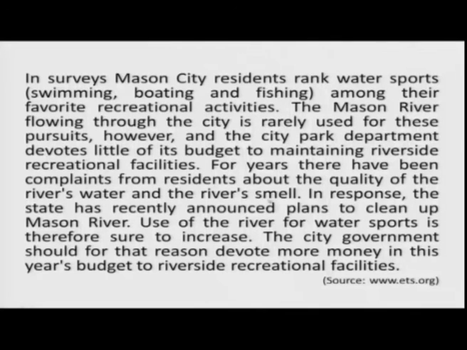The river has a foul smell, and in response the state has announced it will clean up, and then it assumes the use of the river for water sports is going to increase. So, this connection between the improved quality of the river and the increase in water sports is not very clearly established here.